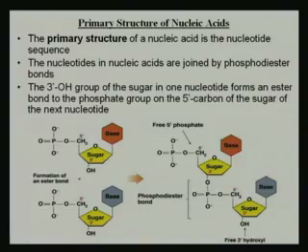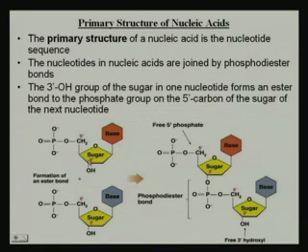Now, when one such nucleotide is attached to another nucleotide, this linkage or chain-like formation takes place. Now, how is this chain being formed?